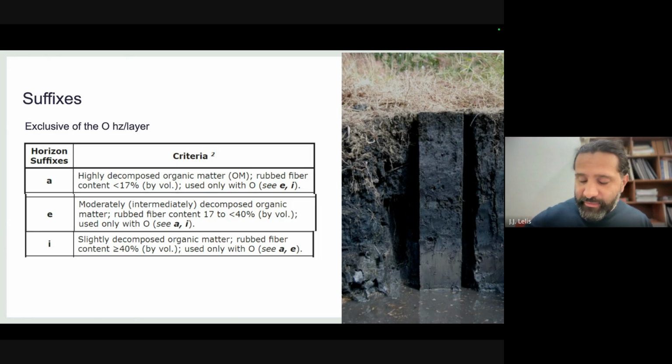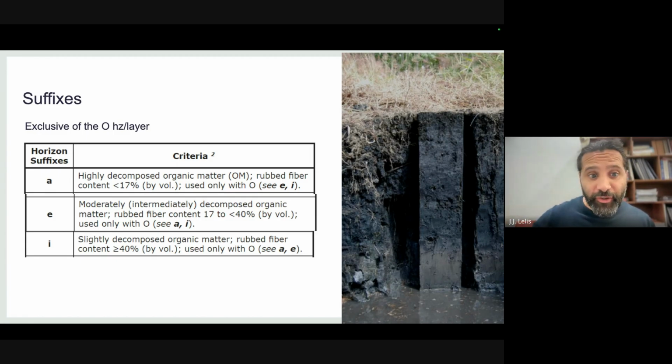Those suffixes express specific information that tells you, okay, this horizon or this layer has some specific properties. And these properties are quite important when I start the soil classification process.